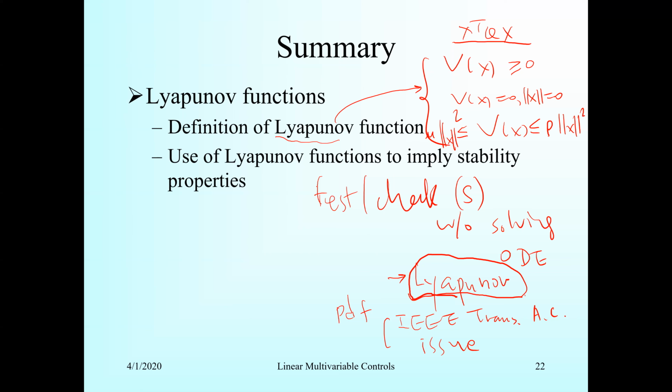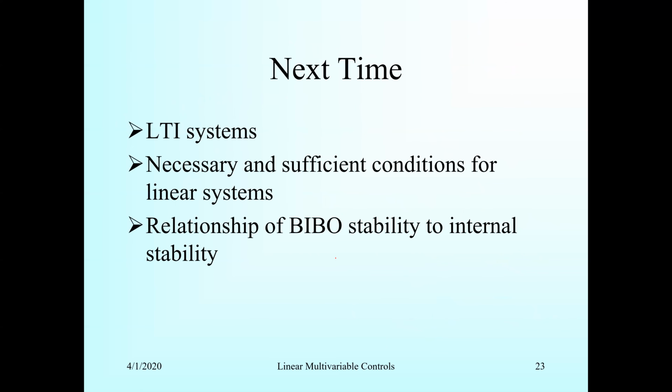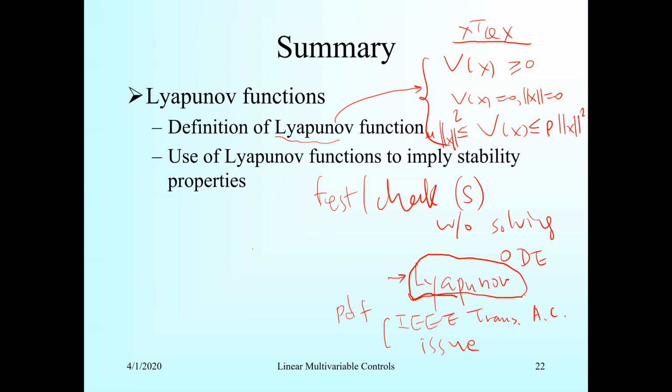So that says Lyapunov is a fundamentally important idea to check the stability of the system. So we are going to switch to the LTI system, and remember at this point, I want to emphasize, in general, everything is sufficient.